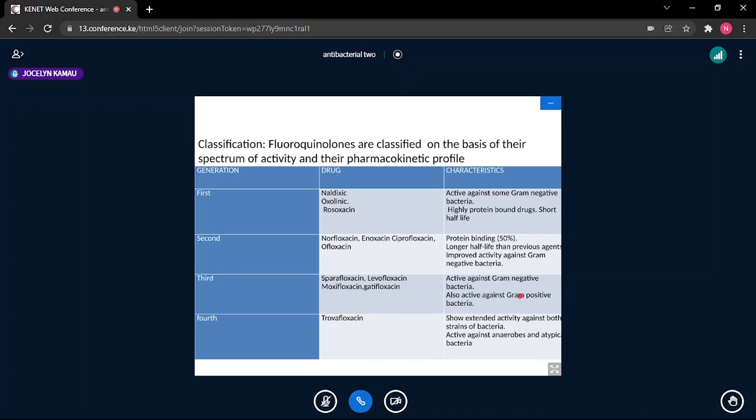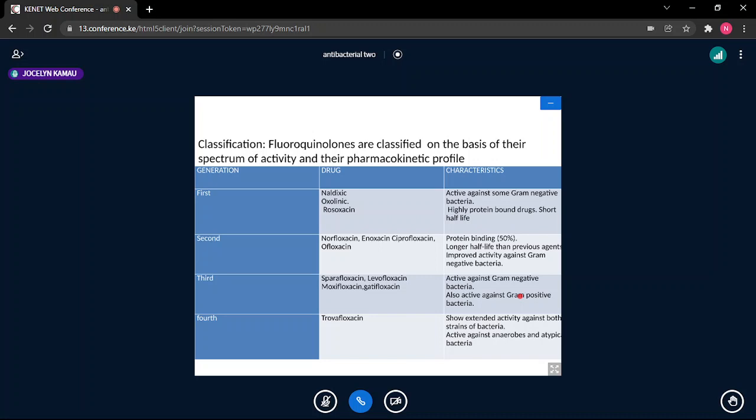So the difference here is that we are trying to introduce a lipid soluble moiety, or a lipophilic moiety, within the drug, because remember, when we were looking at the penicillins and the cephalosporins, we did mention that when you have lipophilic moieties within a drug, that drug has higher gram-positive activity.